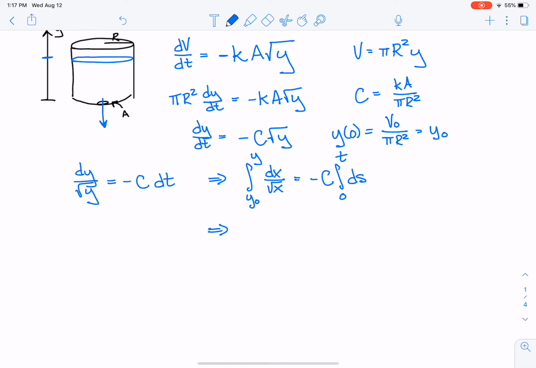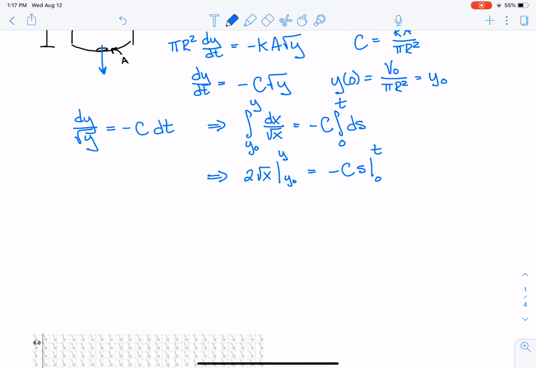Okay. Now, the antiderivative of 1 over square root of x is going to be 2 square root of x. I'm going to evaluate that between y0 and y. And then minus c, and then s, again evaluated between 0 and t.